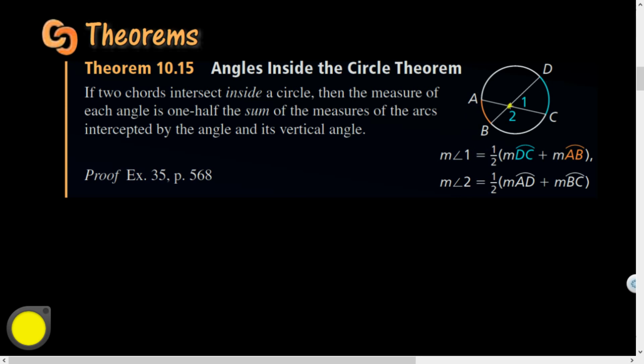It says that if two lines intersect inside the circle, there's a whole bunch of relationships with vertical angles and linear pairs. We know all that. But this angle will be the average of its intercepted arcs that are formed by those two lines intersecting.